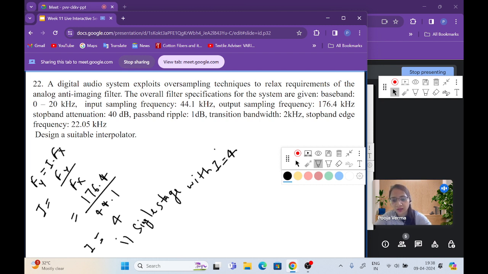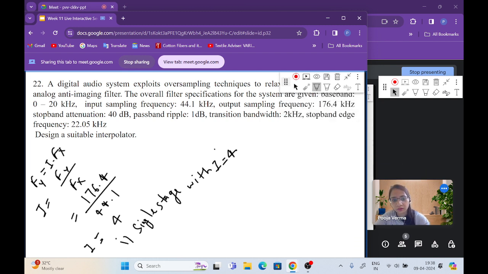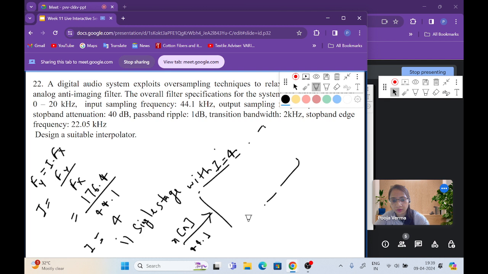So how can we design the interpolator? Here is the input sequence x[n], and the input frequency is 44.1 kHz. Now the output is y[n], and the output frequency is 176.4 kHz.